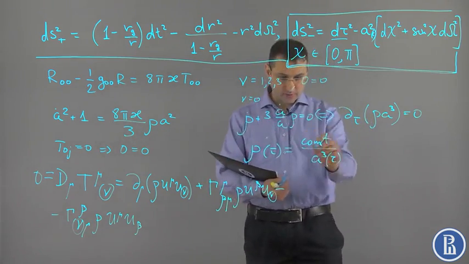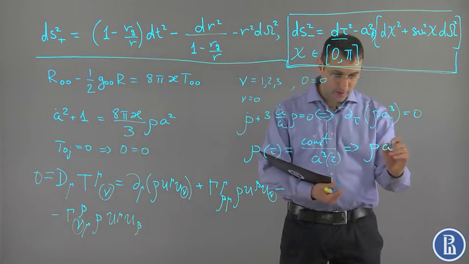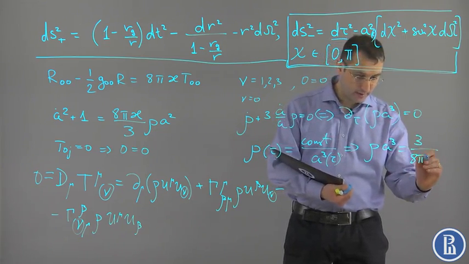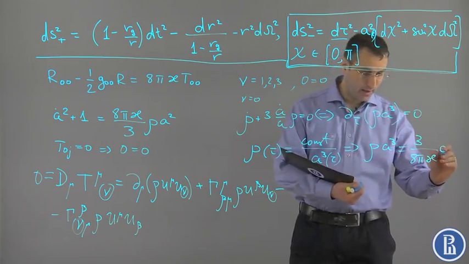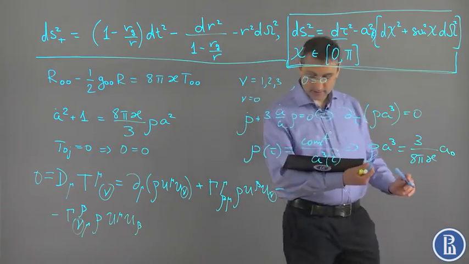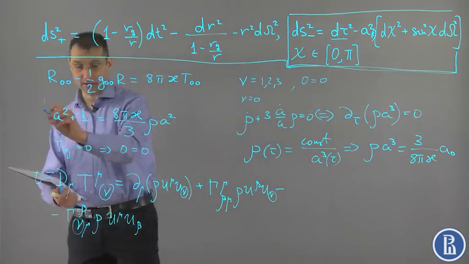If we fix this constant, we obtain the following: rho a cubed is equal to 3 over 8 pi kappa a0.